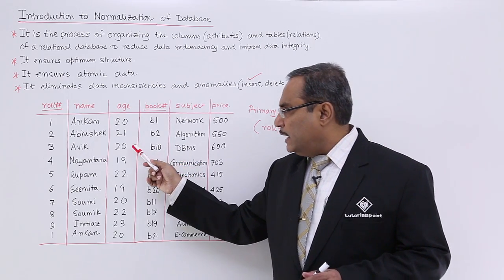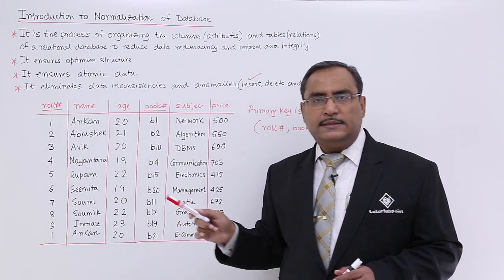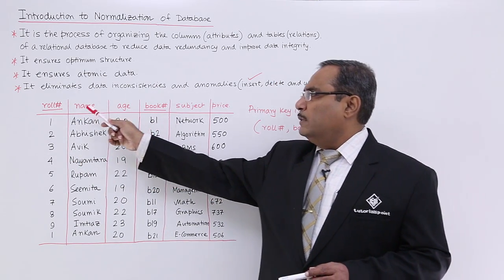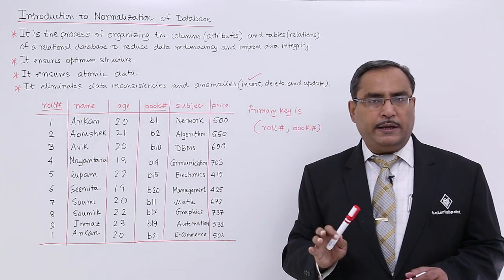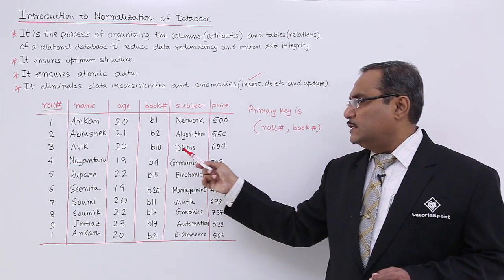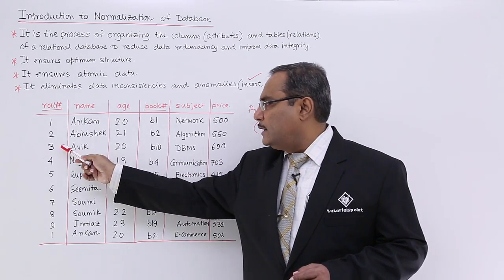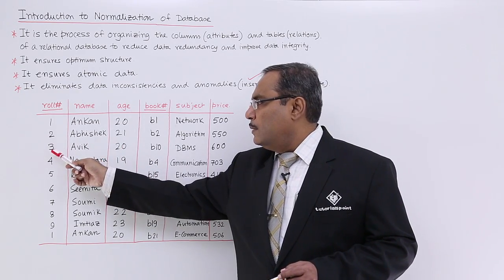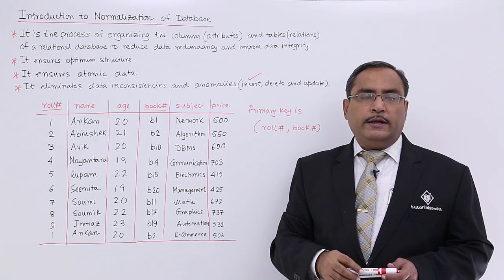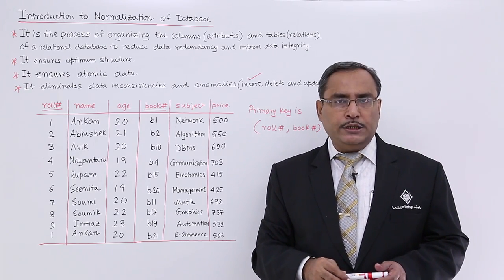As a result, this particular tuple is getting deleted, because I cannot keep any tuple where one of the prime attributes is kept with a null value. So if we delete this full tuple, then the information about this student with roll number 3 will be lost. That is the deletion anomaly.